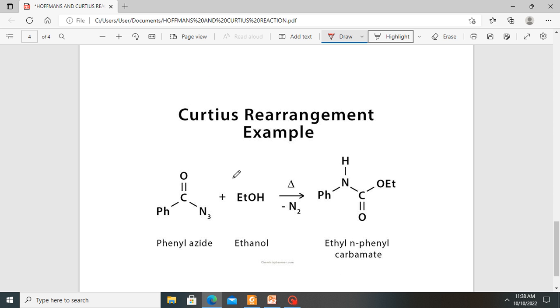This is just a representation of the Curtius rearrangement example. If you treat an amide, or let's say an acyl chloride, with sodium azide, you get an acyl azide. This reaction might not continue if you add different reagents to this.